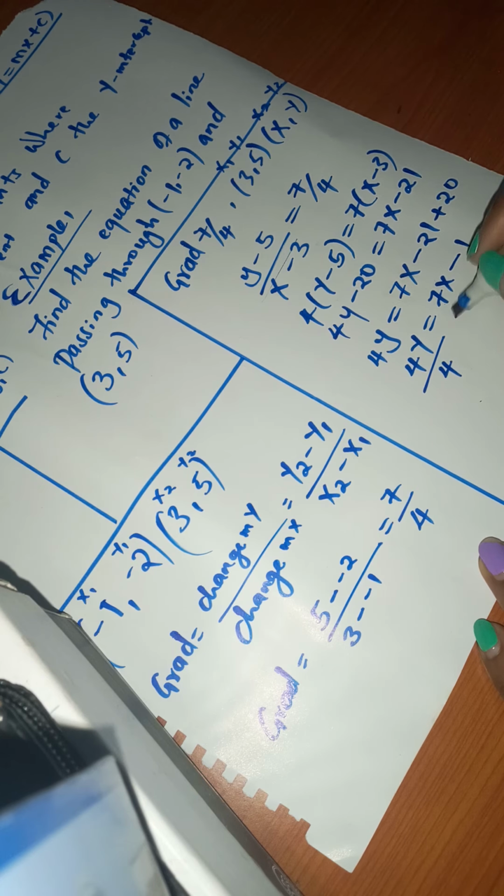Dividing everywhere by 4, y becomes 7/4 x minus 1/4. I'll leave my equation at that.